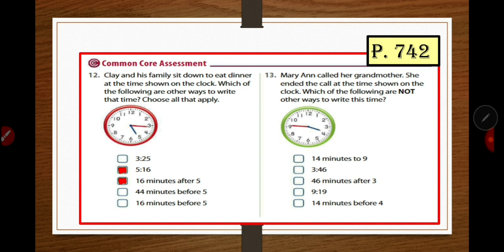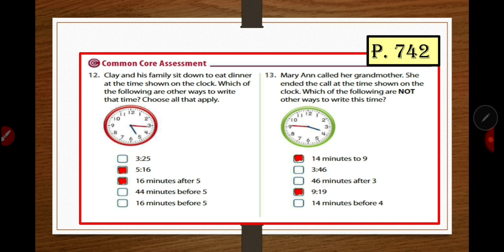Mary Ann called her grandmother. She ended the call at the time shown on the clock. Which of the following are not other ways to write this time? Not other ways. What's your answer? Okay, so not other ways are, we have 14 minutes to 9 and 9:19.